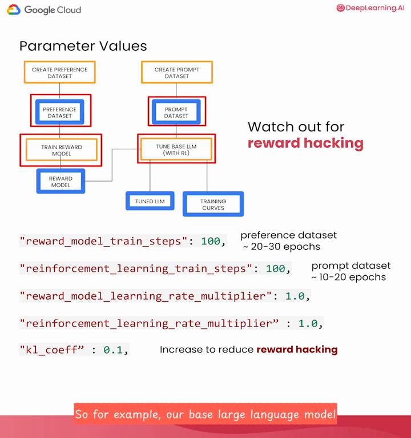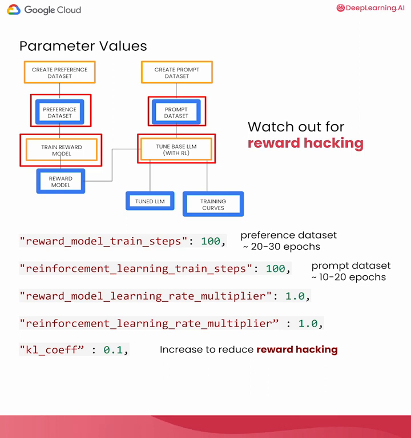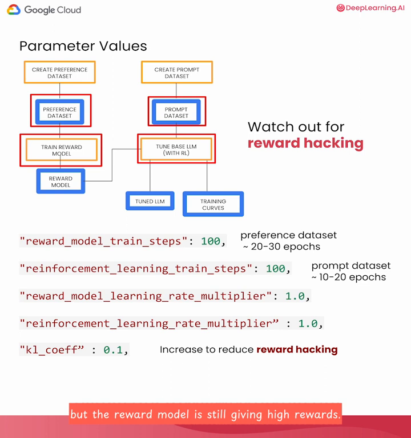So for example, our base large language model might start learning to produce completions that just have all of these positive words in it, like excellent, fantastic, awesome, great. And it doesn't really make a lot of sense to a human reading these responses, but the reward model is still giving high rewards. This is known as reward hacking, and the KL coefficient essentially helps to prevent reward hacking by preventing the model from diverging too far from the original model.